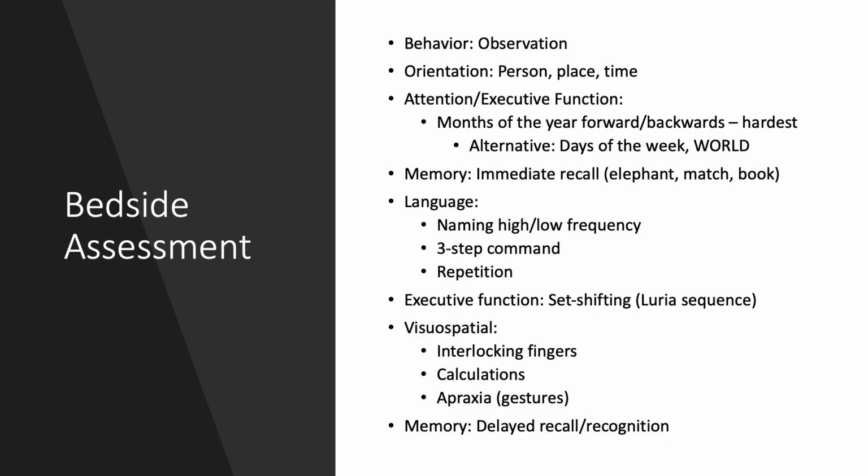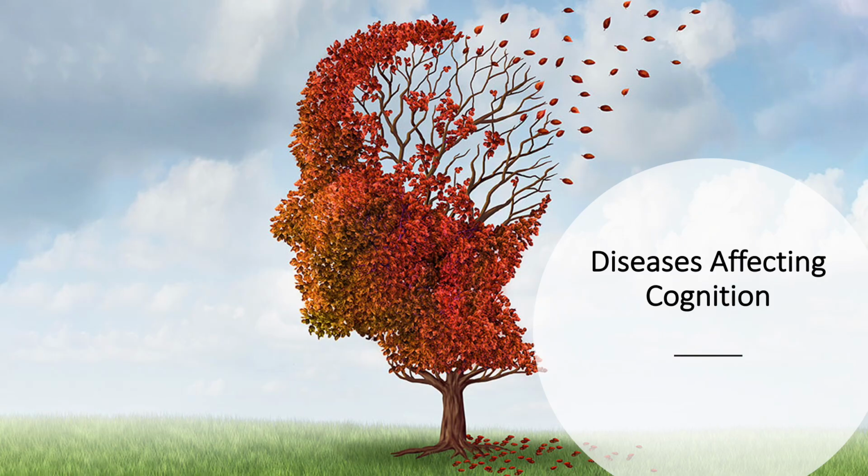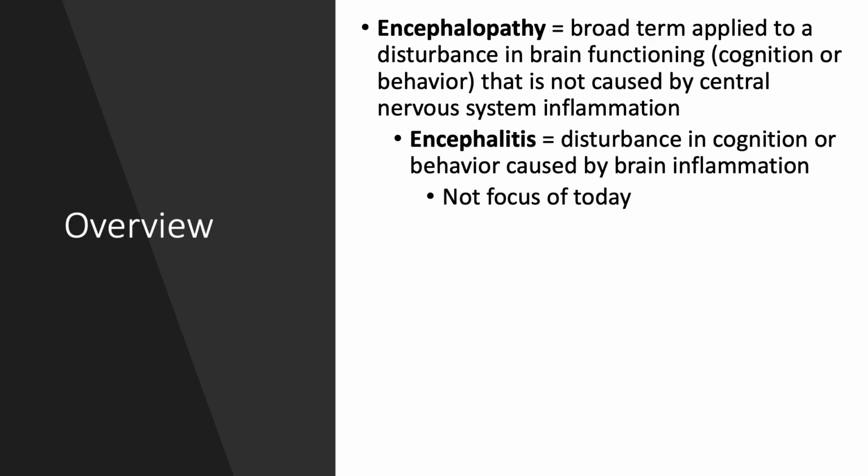So with that background, we are now going to shift a little bit and talk about some of the different diseases that affect cognition. And here it's important that we differentiate between what an encephalopathy is and what an encephalitis is. When we talk about an encephalopathy, this is really a very broad term applied to disturbance of brain function, cognition or behavior that is not caused by central nervous system inflammation.